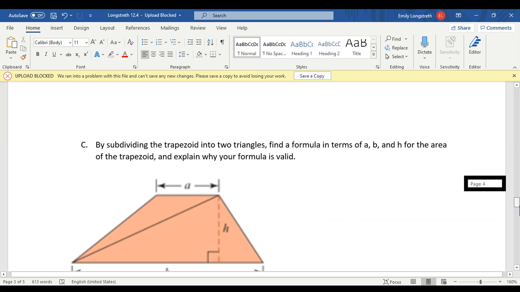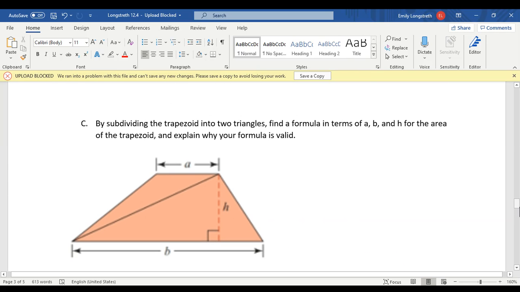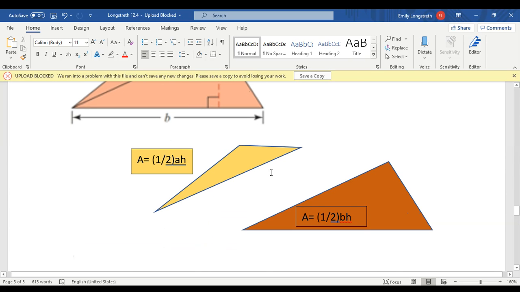C. By subdividing the trapezoid into two triangles, find the formula in terms of A, B, and H for the area of the trapezoid and explain why your formula is valid. Well, you first need to break it down into the two triangles. As you can see, we have the brown triangle and the yellow triangle.